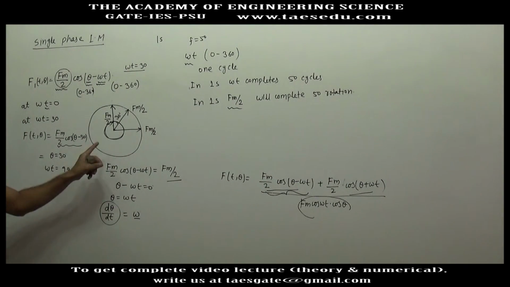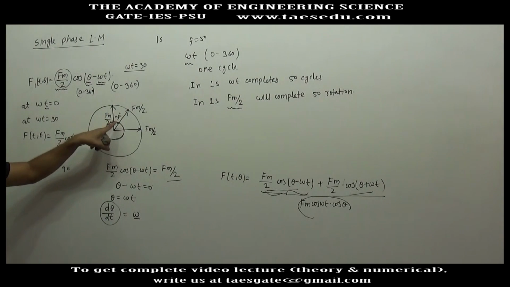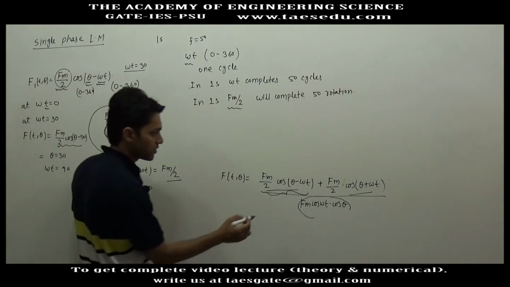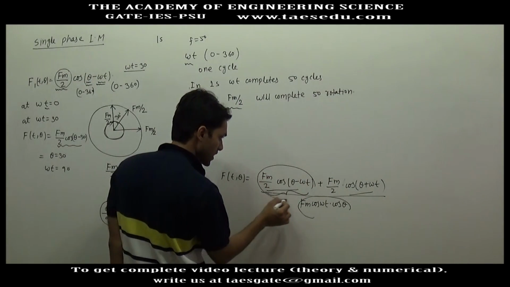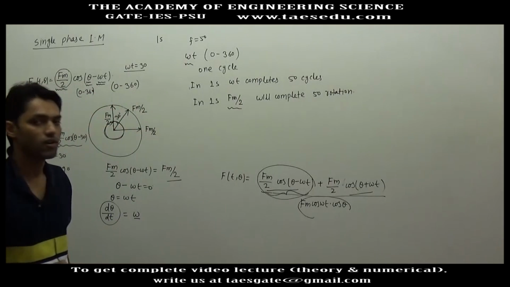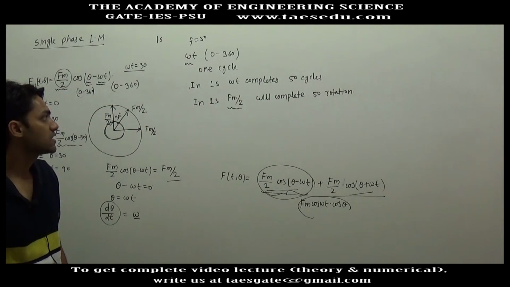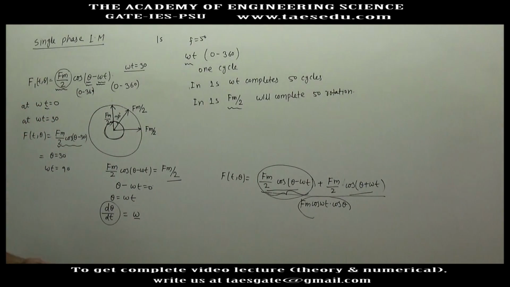And what we found here is rotating in clockwise direction. So the first part of this magnetic field is a rotating magnetic field in clockwise direction and with a speed same as the frequency of supply.